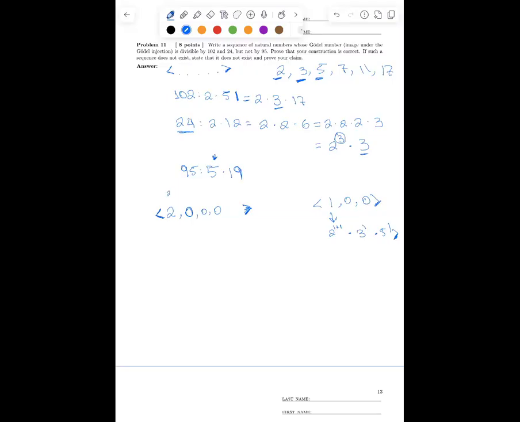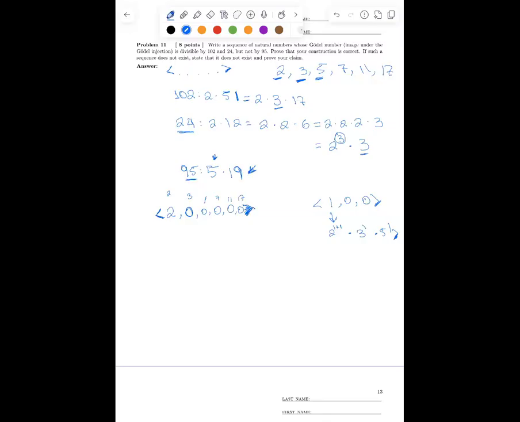This is 2, this is 3, 5, 7, 11, 11, and then it's 17. I will not go up to 95 because I don't want it to be divisible by 95.